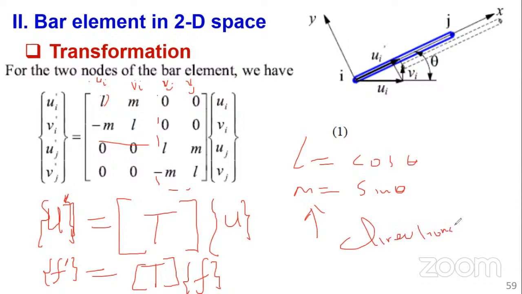Directional cosines. Don't forget that. And of course, if you have this triangle here, this is a IJ. Of course, now you know directional cosine cos theta is adjacent over hypotenuse. Sin theta is opposite over hypotenuse.